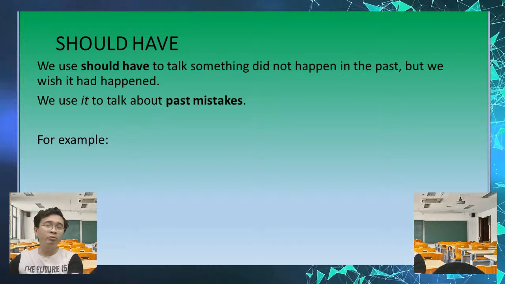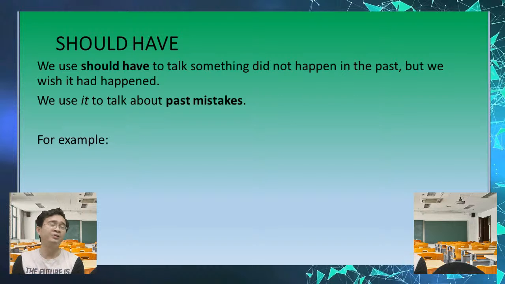So here we have the first modal, should have. Commonly, guys, we use should have to talk about something that did not happen in the past, but we wish it had happened. We want something to happen in the past, but actually it did not.